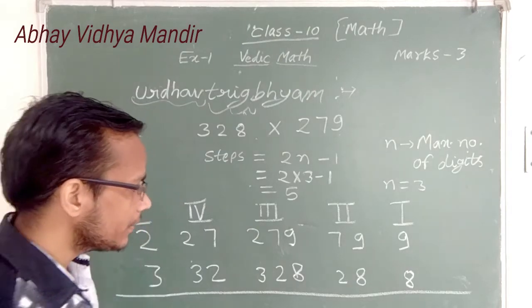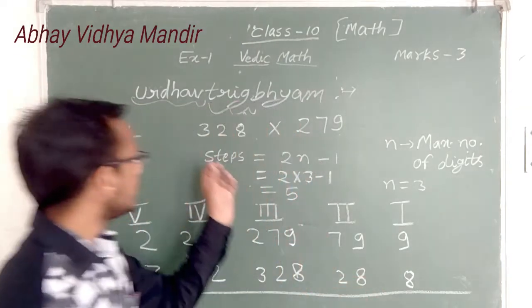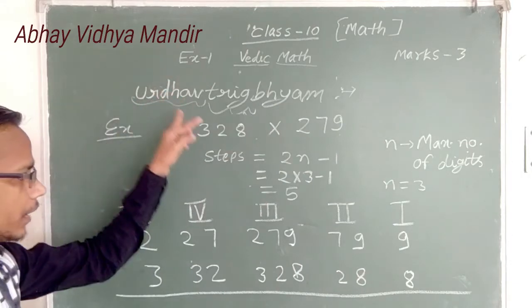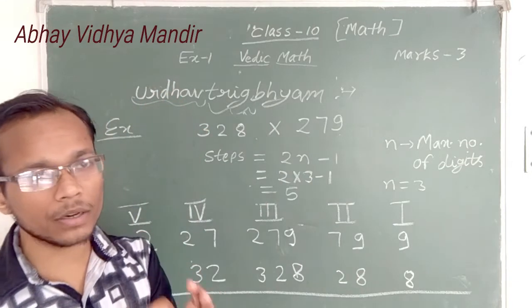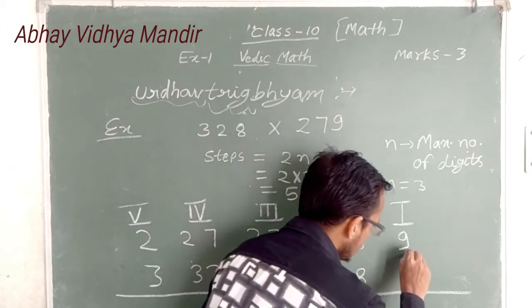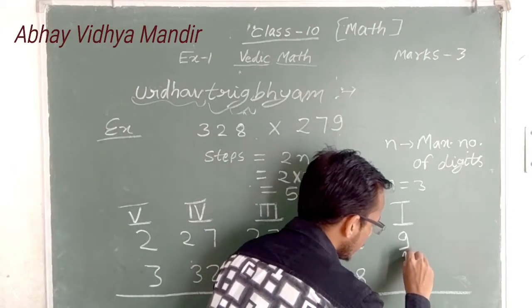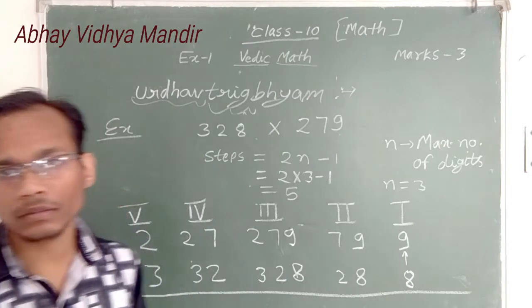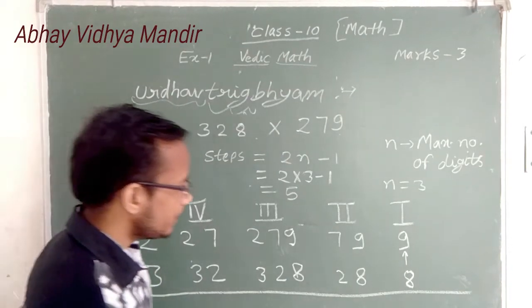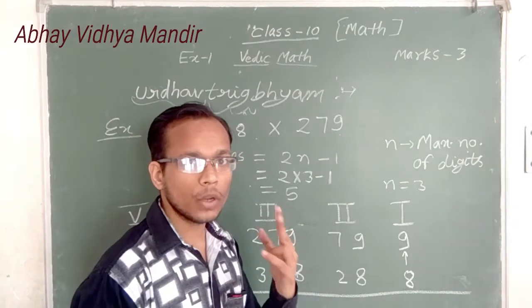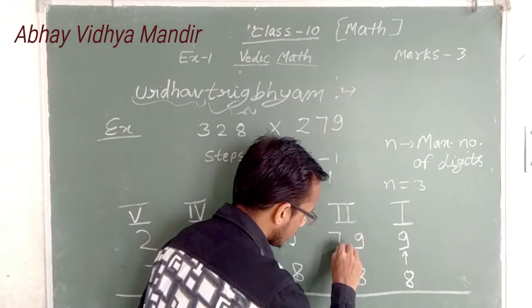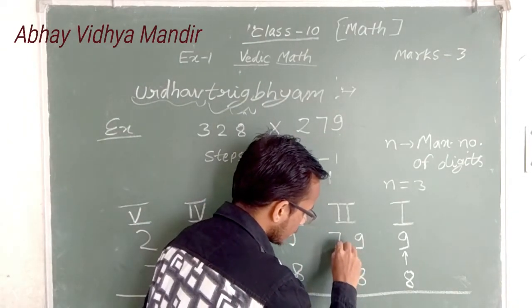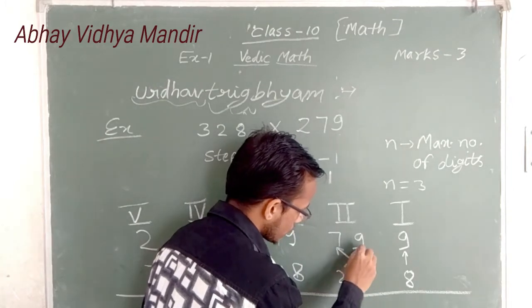Okay, so draw a line under it. Then make the arrows. Urdhva means vertically. When you get a single number, you multiply vertically. If you have two numbers, you multiply cross.